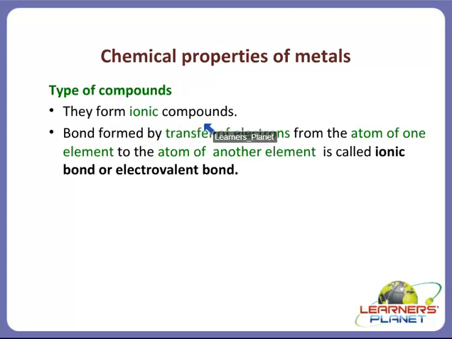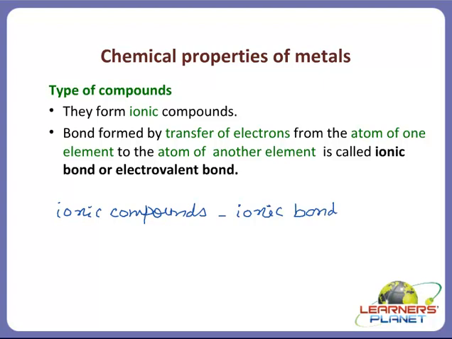Now what are ionic compounds? These are also called electrovalent compounds. These are the compounds where ionic bonds are present. So in ionic compounds, what type of bonds are present? They are ionic bonds.